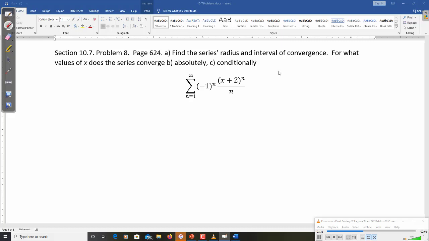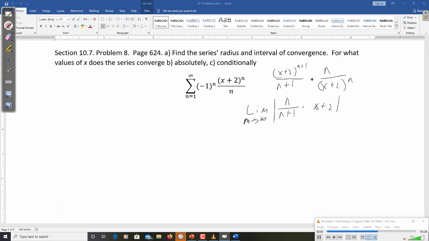So if we do the ratio test, it'll be x plus 2 to the n plus 1 over n plus 1, and then divided by, so times n over x plus 2 to the n. So that's going to get us n over n plus 1 times x plus 2, in absolute value, the limit as n goes to infinity.